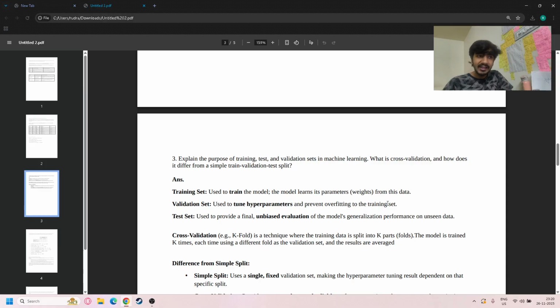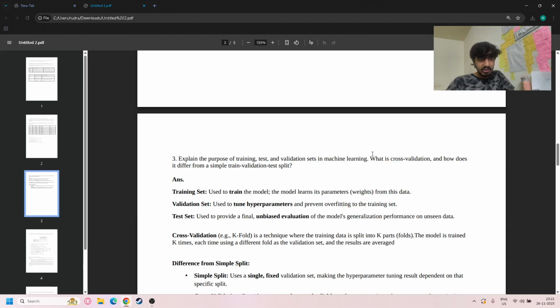So to prevent that condition, known as overfitting, we have a validation set. The test set is the final set, which is used to provide a final unbiased evaluation of the model's generalization performance on unseen data, which means it is the final data set which we are using before finalizing our model.